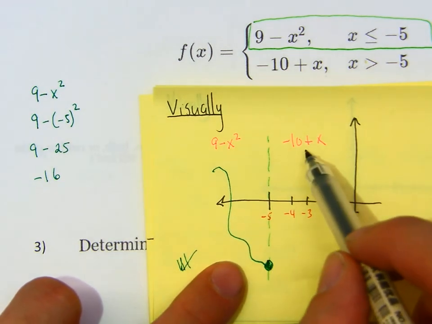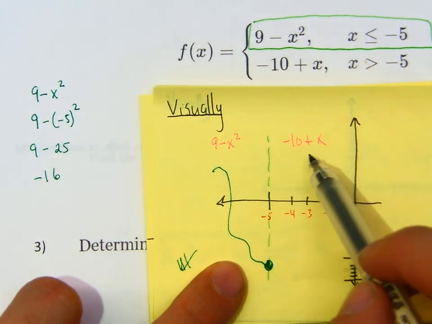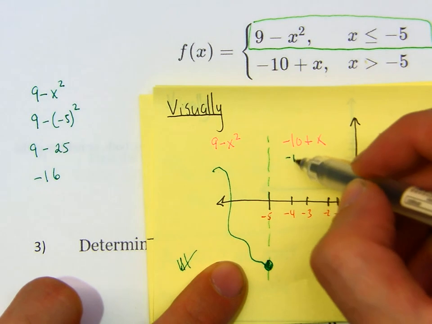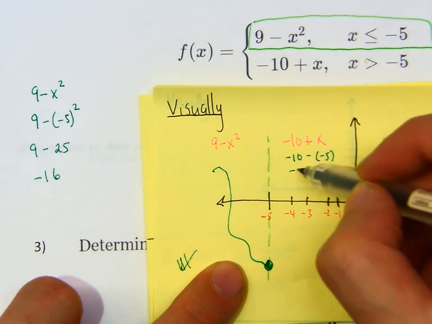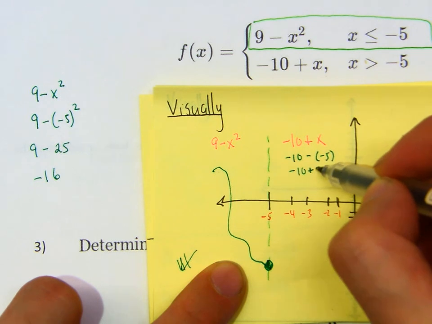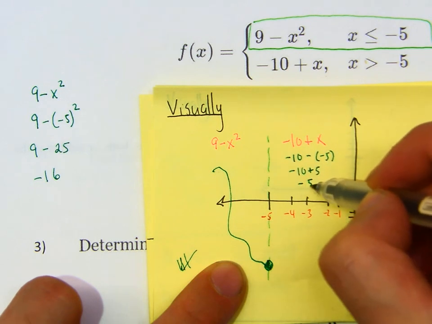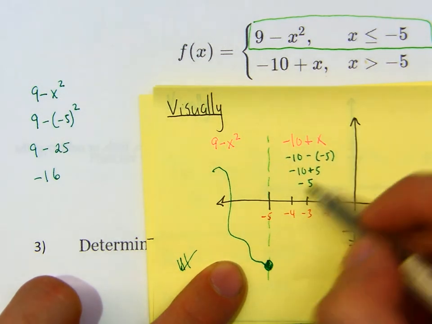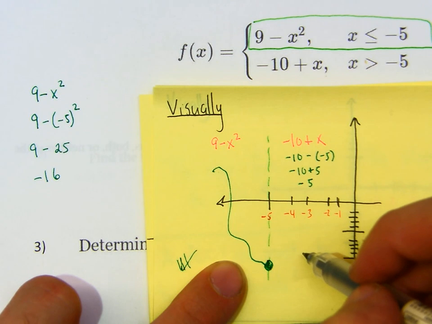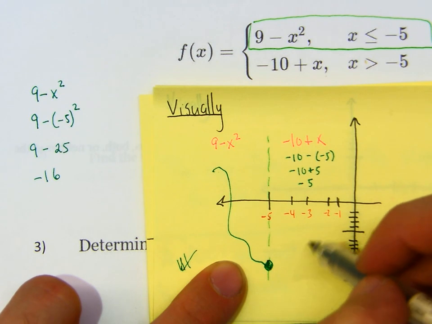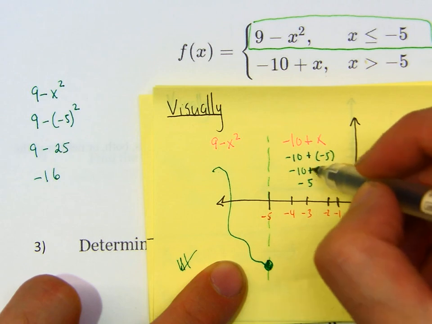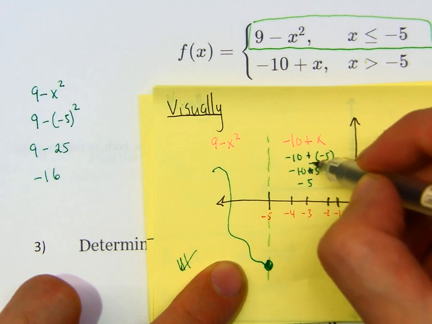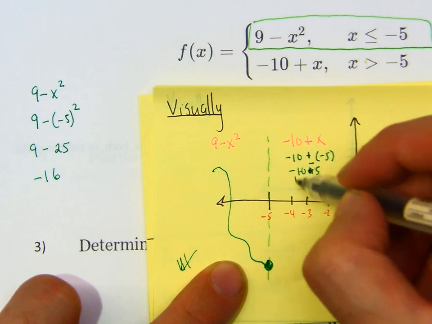And what happens to the right? Well, let's plug in negative 5. If you have negative 10 minus a negative 5, this becomes negative 10 plus 5, and this is negative 5. Sorry, there should be a plus here. So this should be negative 10 minus 5, so this should be negative 15, very sorry.